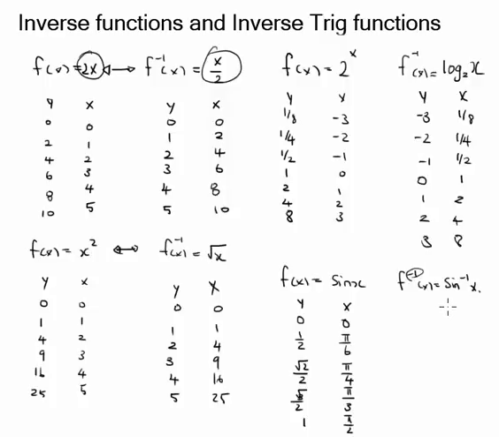In the same way, when the x values here are 0, half, square root 2 on 2, square root 3 on 2, and 1, the values that you get for y are 0, pi on 6, pi on 4, pi on 3, and pi on 2.